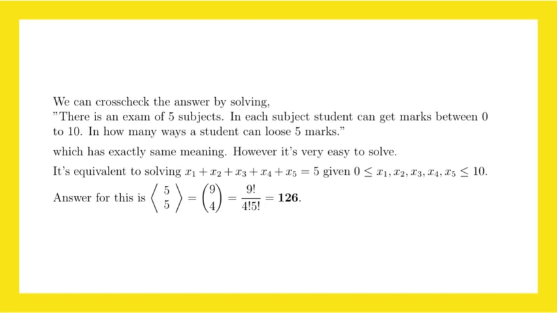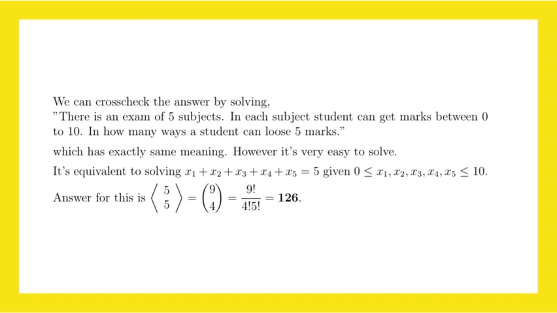Losing 5 marks is equivalent to getting 45 marks in a 5 subject exam with a maximum of 10 each, which has exactly the same meaning. Therefore it is very easy to solve if we consider this problem as losing 5 marks. So our equivalent condition will be x1 plus x2 plus x3 plus x4 plus x5 is equal to 5, where all of them are between 0 to 10.